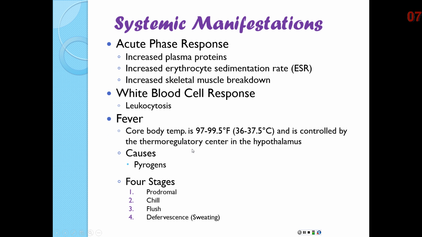Causes of fever. I list what the core body temperature is, and just as a reminder, it's controlled in the hypothalamus. I do hope you know that already from your A&P 1. The causes of fever: the term pyrogens refers to something that's fever causing. Pyrogens can be microorganisms, bacteria and viruses, and the toxins they produce.